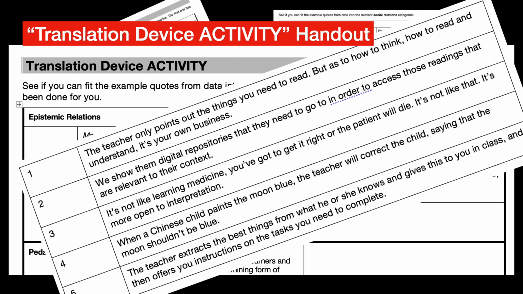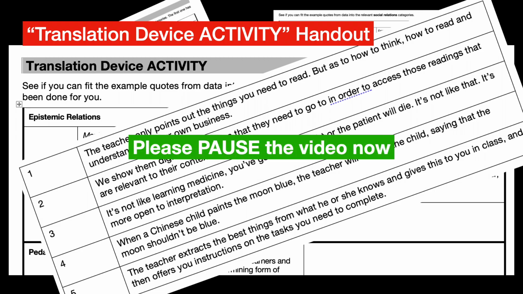And the first one has been done for you. When you've completed it, come back to the video to see the answer key and what the study found when it was completed. So, see you in about 10 minutes. Please pause the video now and come back.